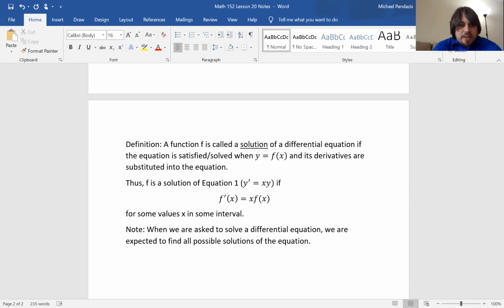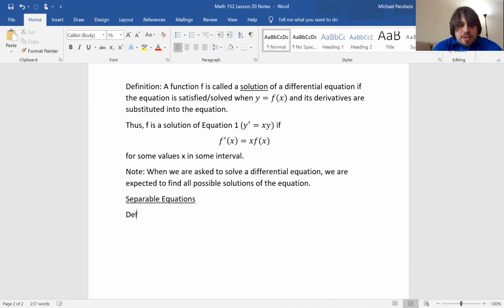Okay, so continuing. So that's the definition of differential equations. And so now specifically, you can classify differential equations as different types. One type of differential equation is a separable differential equation. So let me define a separable differential equation.